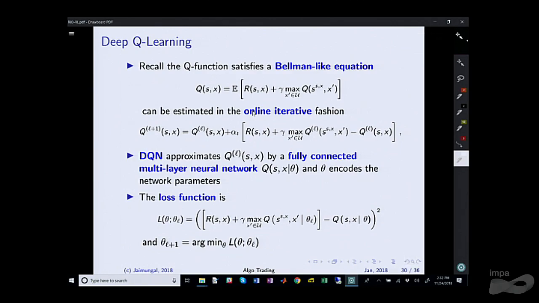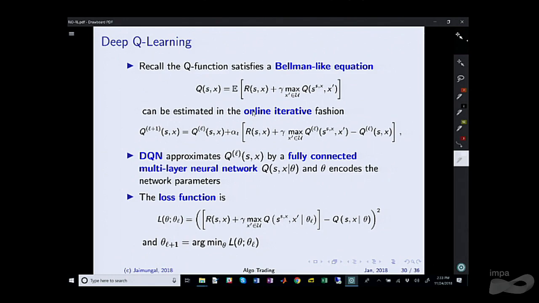The loss is effectively trying to minimize this deviation. If you look at the top equation, if I take Q off to the right from the top equation, I get 0 equals expected value, square brackets, minus Q.